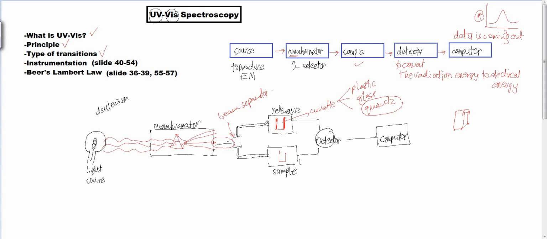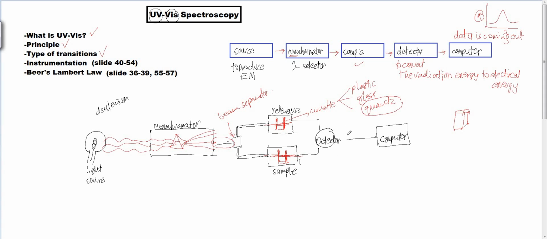Why? Because we want to allow the light to go through the quartz cuvette into our sample. Jadi dekat transparent side mesti kita letak kiri kanan, so that the light will be going through into our sample.